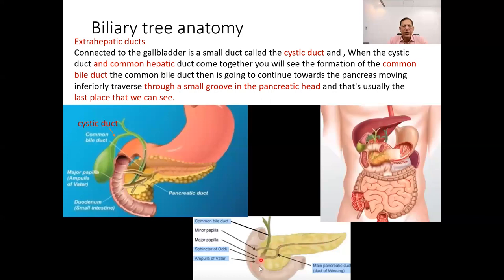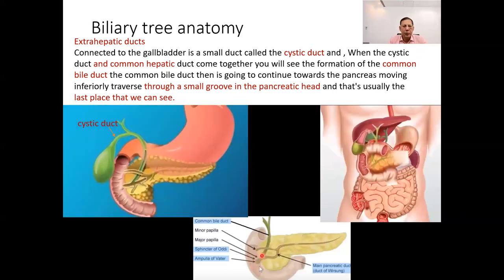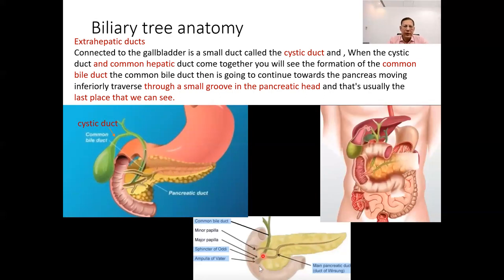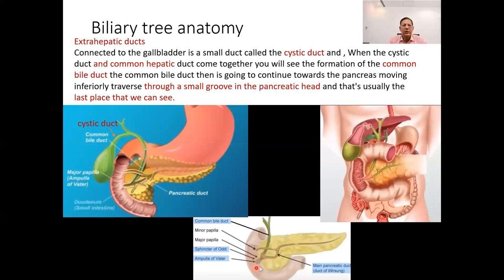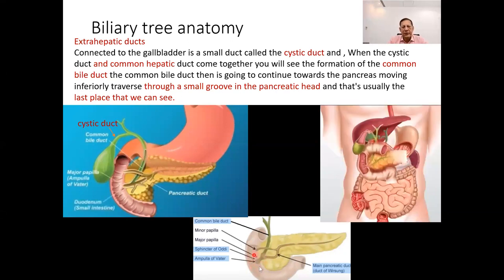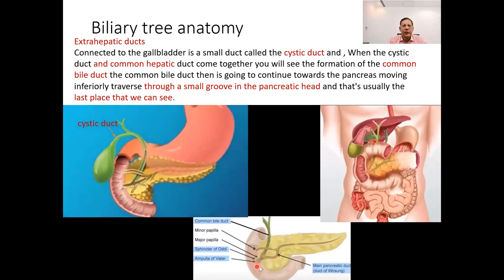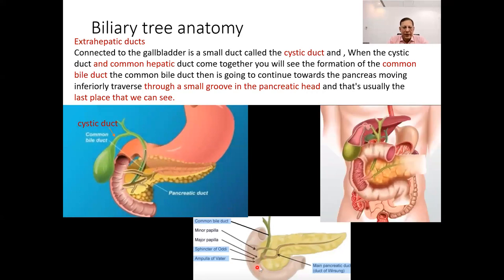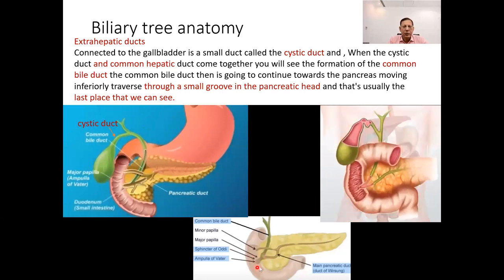This opening is called the ampulla of Vater, and this ampulla of Vater is controlled by smooth muscle cells called the sphincter of Oddi. The sphincter of Oddi is made of smooth muscle cells which contract and relax, thus allowing the opening and closing of the ampulla of Vater.